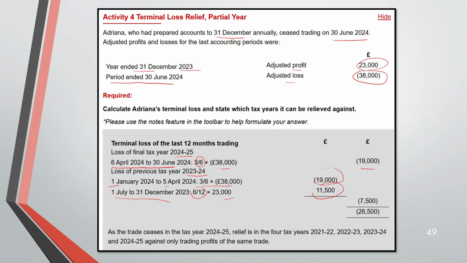Now, overall loss is this. When you add this to it, it is 26,500. Remember, relief is in the first 4 tax years: 21, 22, 23 and 24. Only against the trading profit, not against total income for terminal loss.